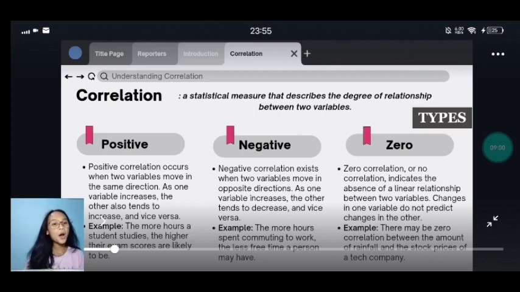Example, the more hours spent commuting to work, the less free time a person may have. So ako, example, nagpuyo ko sa south of Bolhoon, mo travel ko to Cebu City. Dako kay kog hours, 4 hours ko nga mag-travel. If i-compare mo na siya sa mga student ka nagstay lang sa Cebu, so syempre dagan siyang mabuhat.